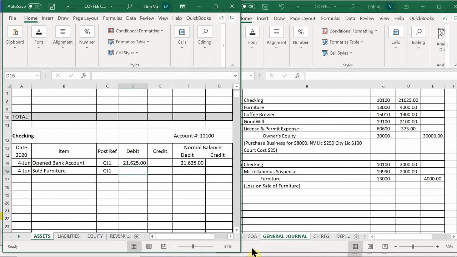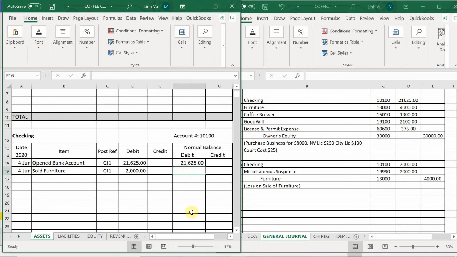We put $2,000 in the bank, so we didn't take anything out. Well, in this case, let's look at my checking account. Did I increase my cash or did I decrease my cash? You increased because you received $2,000. So if I increase my checking account, it should be a debit.